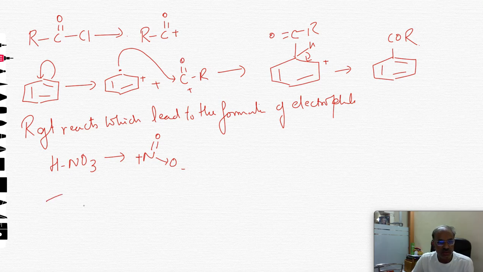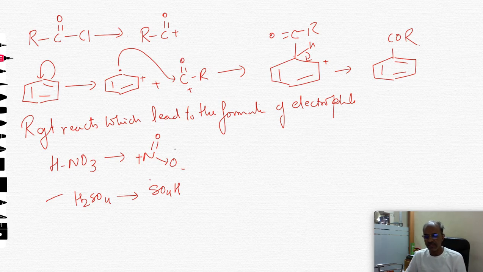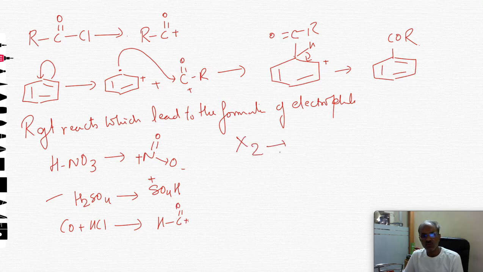Then H2SO4 gives SO3H plus as the electrophile. Then CO plus HCl gives HC double bond O plus as the electrophile. Then X2 gives X plus.